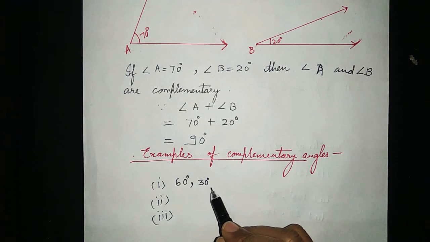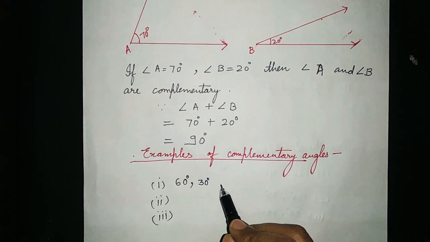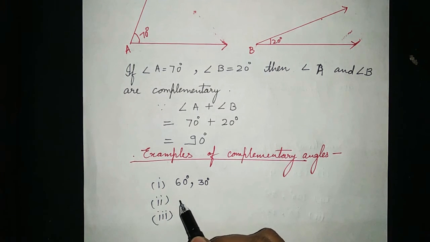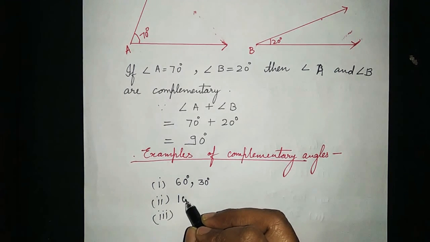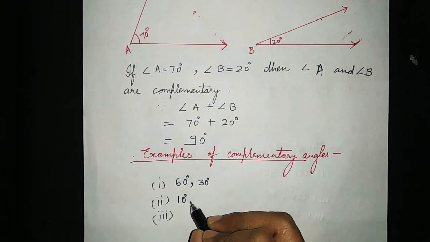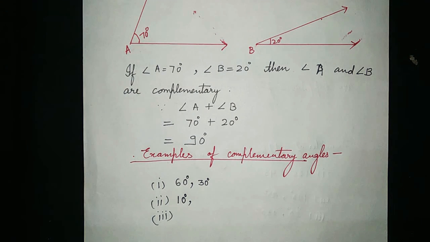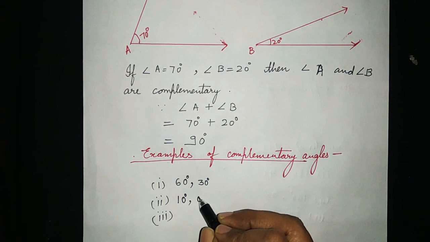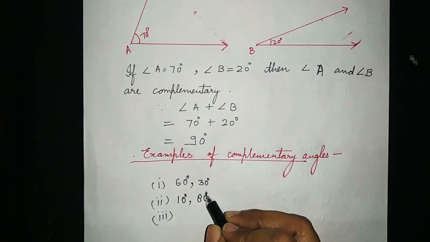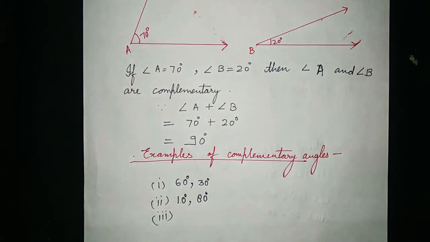And you can see the sum is 90 degrees. Now one more example I am giving you. Here the measure of one angle is 10 degrees, then the measure of its complementary angle will be 80 degrees. And now you can see their sum is 90 degrees.